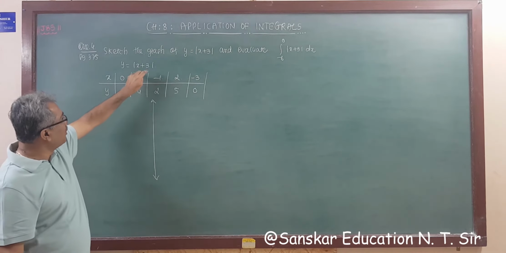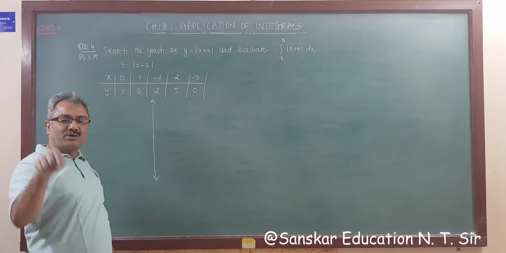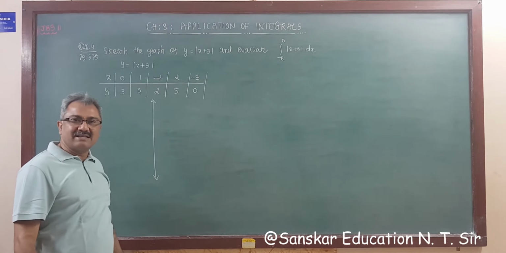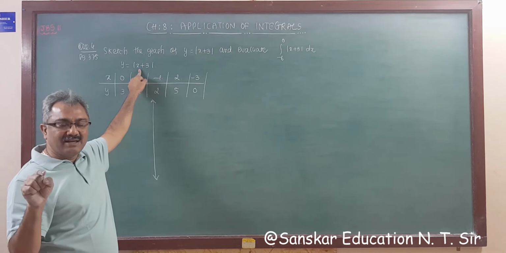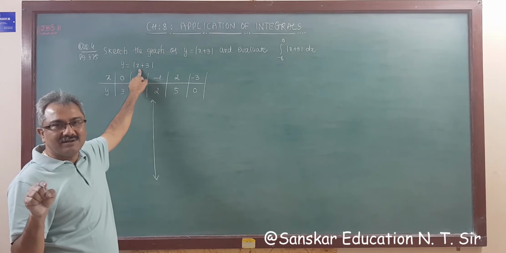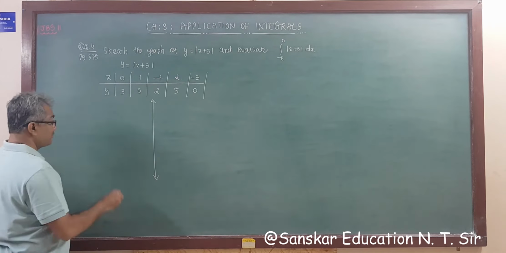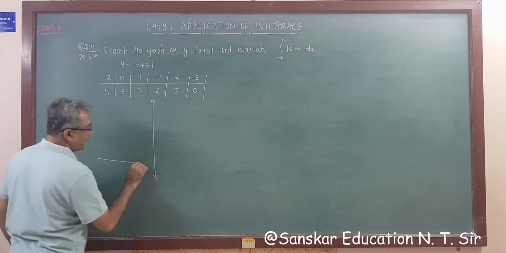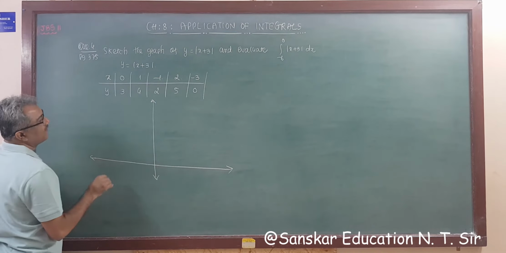At x equal to minus 3, it is continuous but not differentiable. You know the property, I told you. So this is the graph, right?